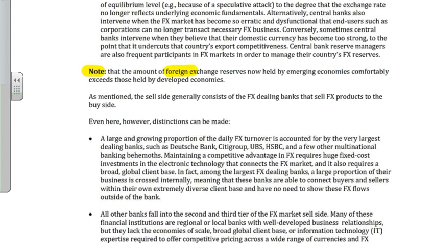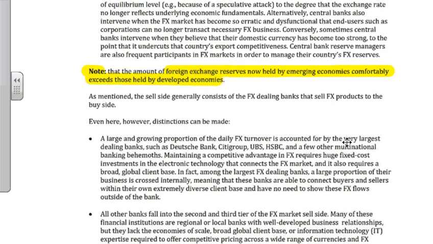The amount of foreign exchange reserves being held by emerging economies comfortably exceeds those held by developed economies. So again, just talking about just how much central banks hold of other currencies, reserve currencies. That's what that is referring to.